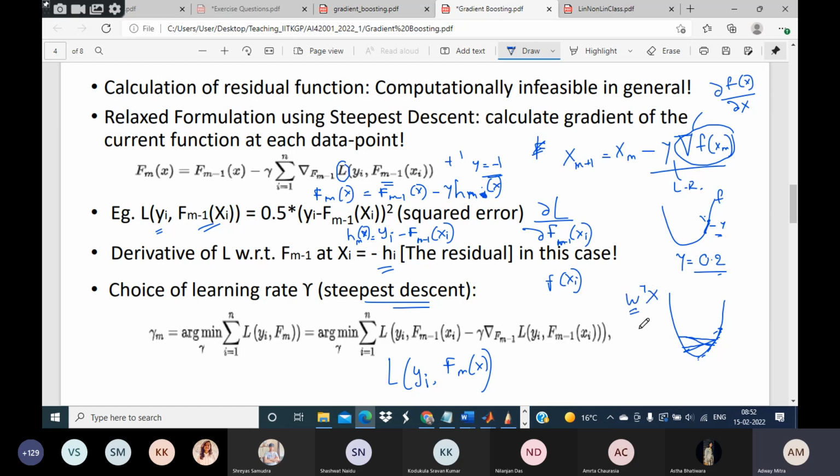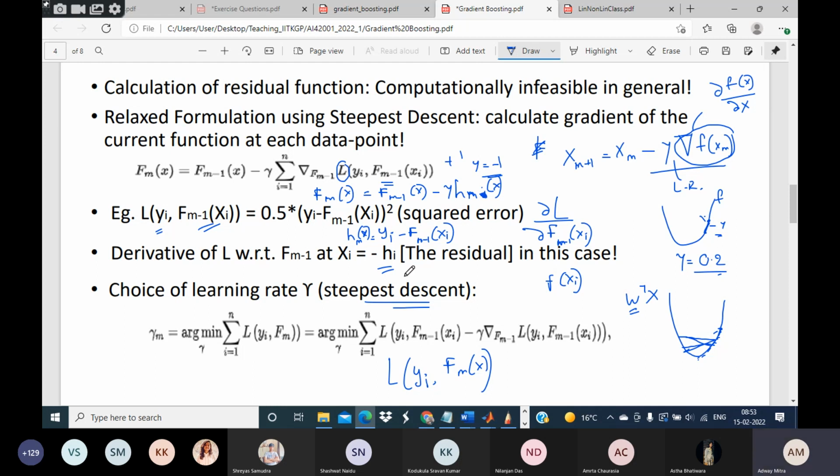Similarly in linear regression. Here, the only parameter with which I am trying to minimize the loss function is not anything related to FM, but related to this step gamma. So you are choosing the step size gamma by solving an optimization problem, which you can call the steepest descent.